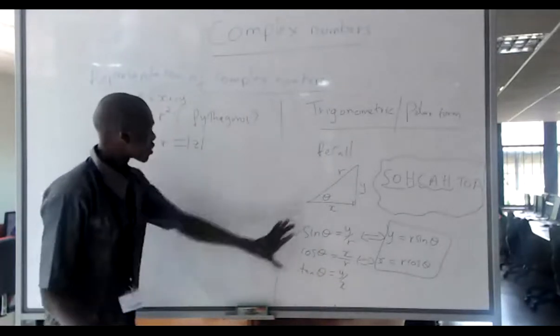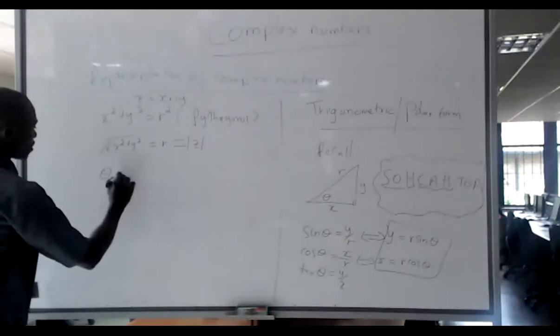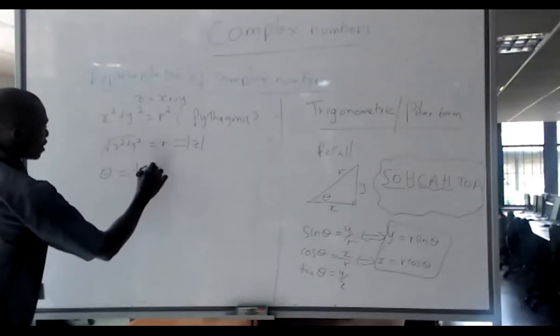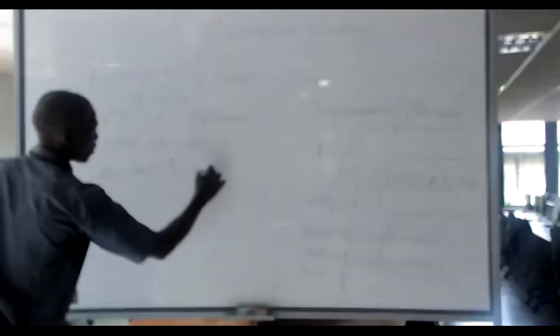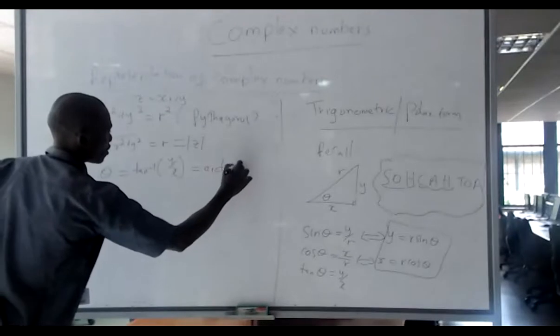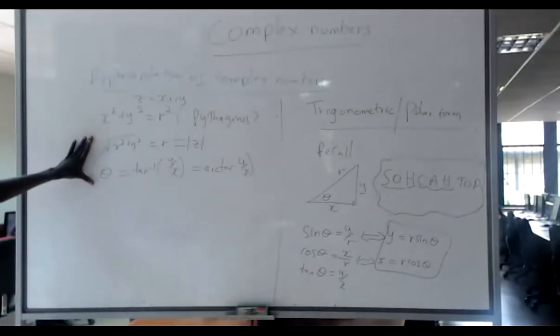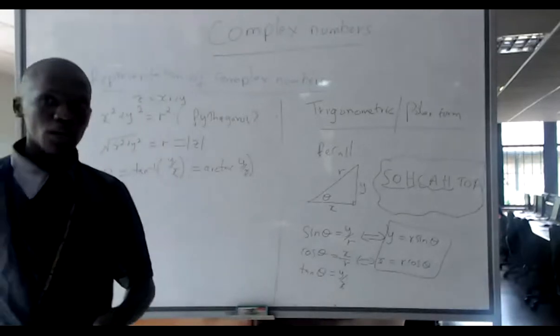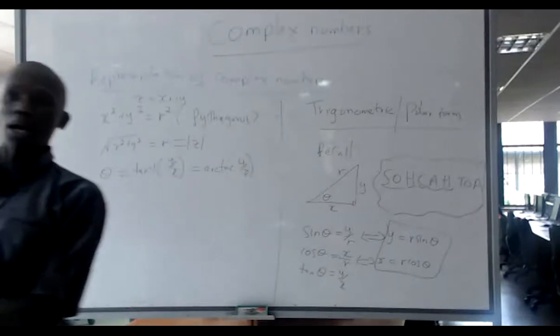So any of these ratios can give you the angle. So theta will be given by the tan inverse of y divided by x. Or some books will call this arctan y divided by x. So with these two, we can move from rectangular representation to polar representation and back.